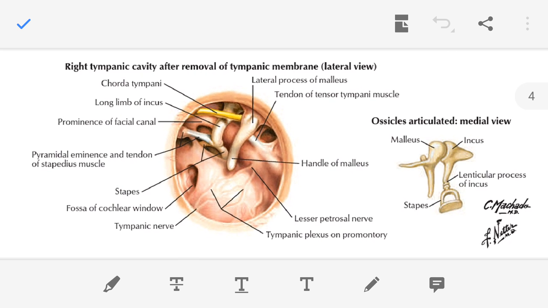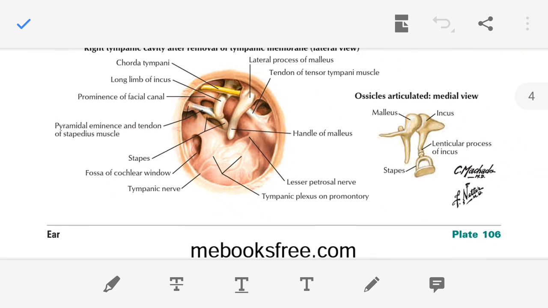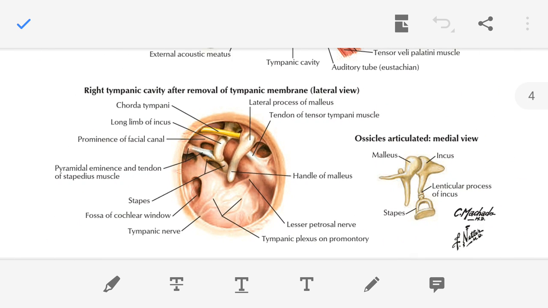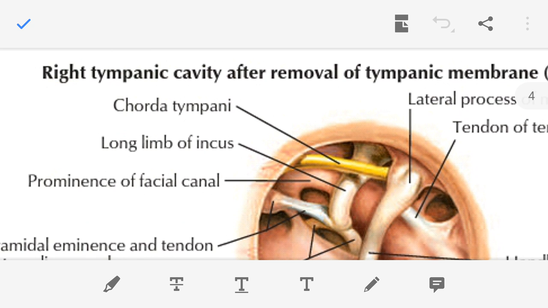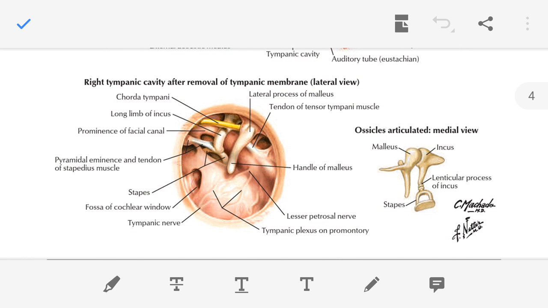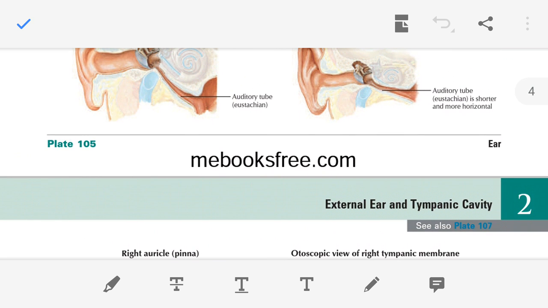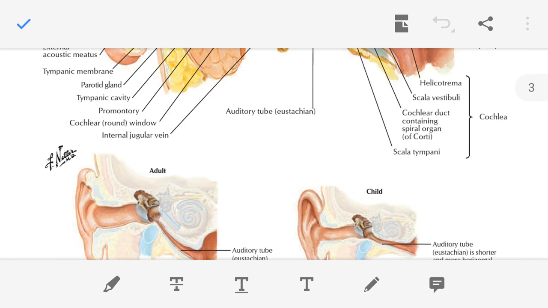In this figure, right tympanic cavity after removal of the tympanic membrane, lateral view. Here you can see the stapes, and the handle of the malleus, then the long limb of the incus. So these are the three auditory ossicles.